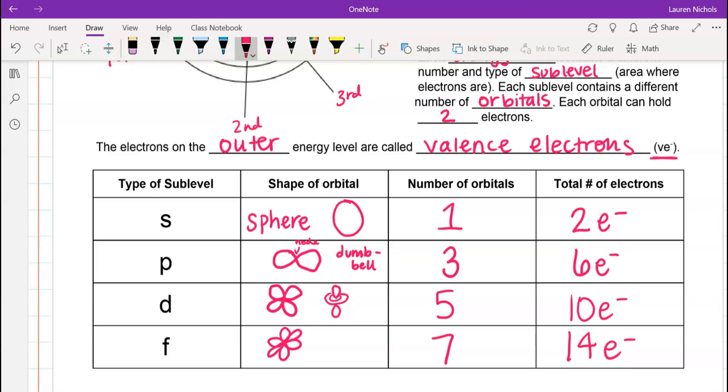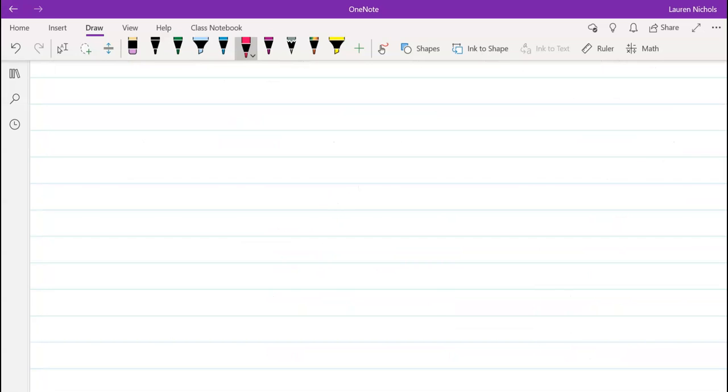The way that looks when you layer them on top of each other is like so: the first energy level has one sphere, and then your second energy level has a sphere and the 3 p sublevels.